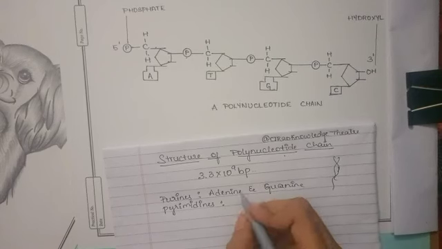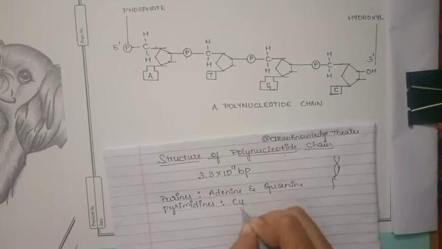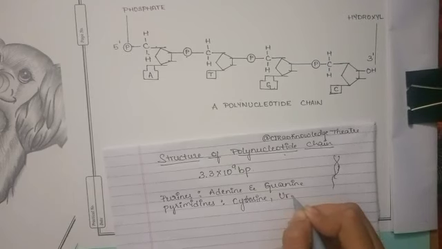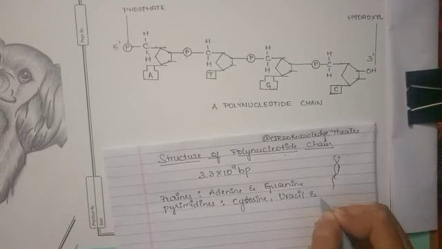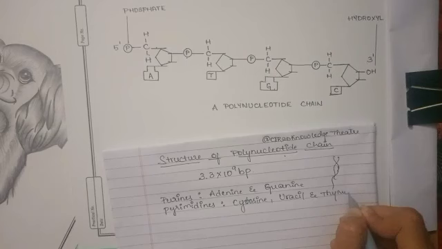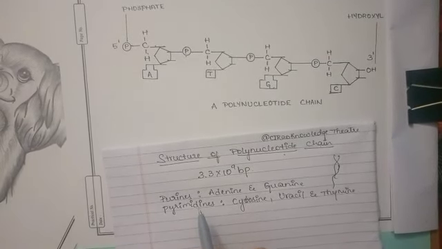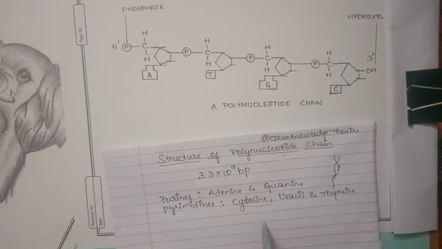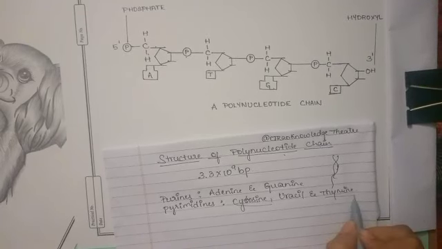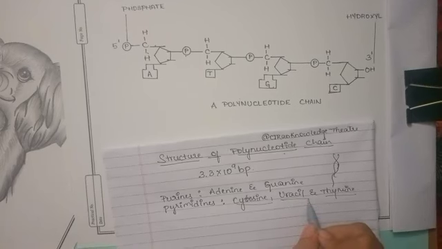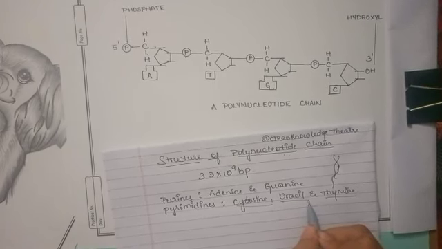Pyrimidines are cytosine, uracil and thymine. Cytosine is common for both DNA and RNA, whereas thymine is present in DNA and in RNA uracil is present.